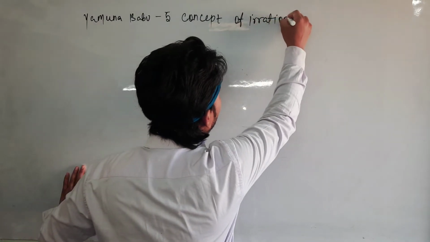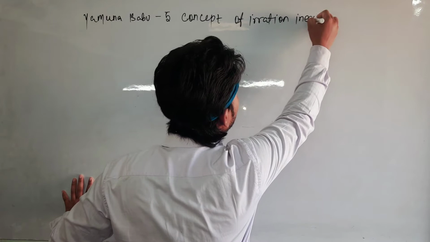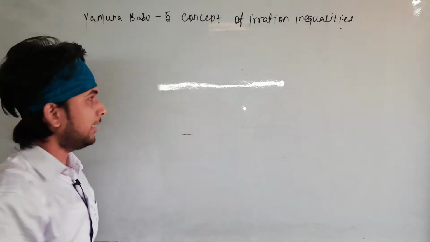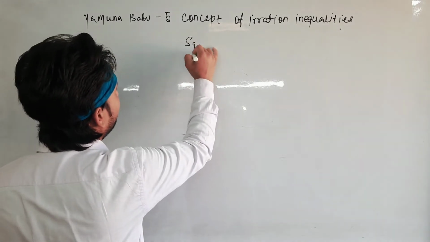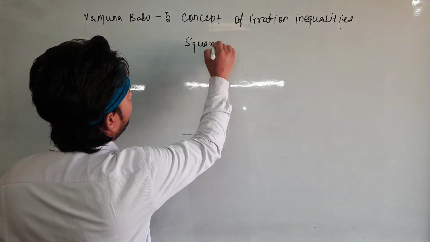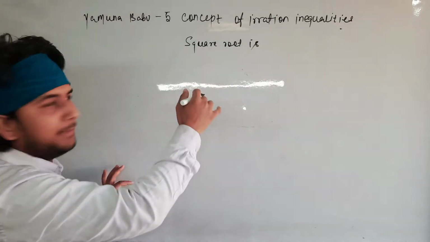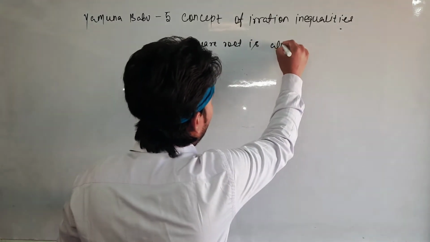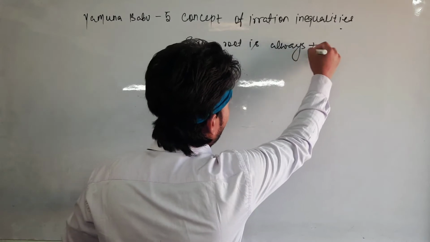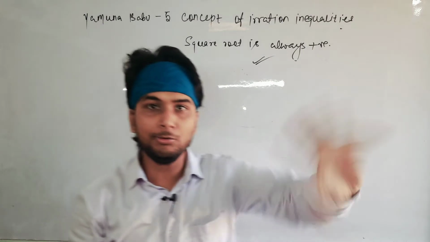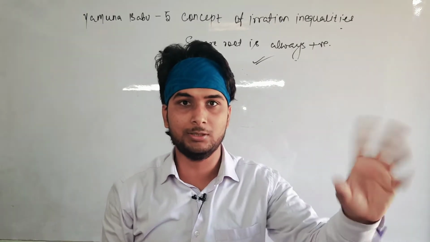And a square root is always positive. This is the main concept. A square root is always positive. This is the main concept of your irrational inequalities and irrational inequations.